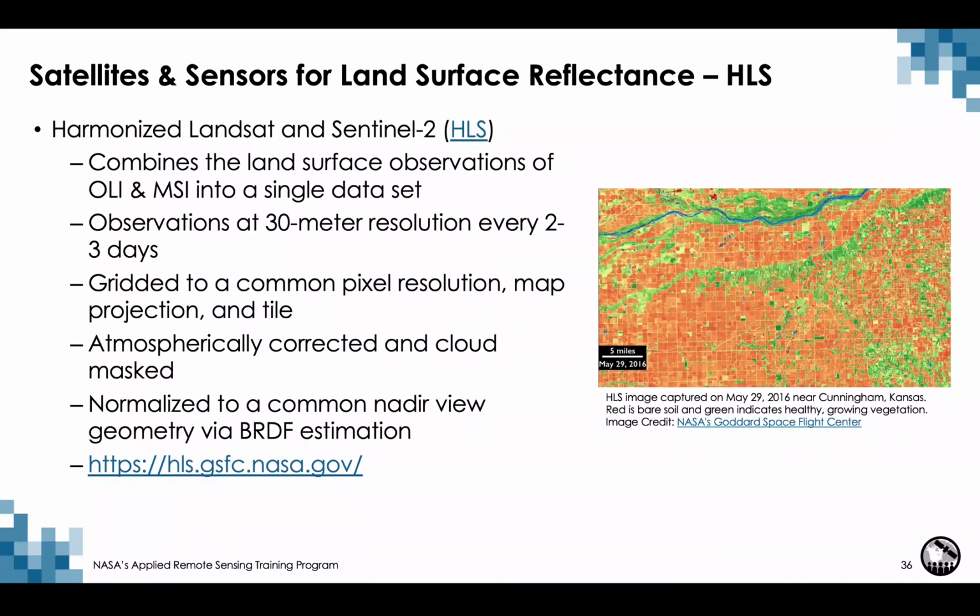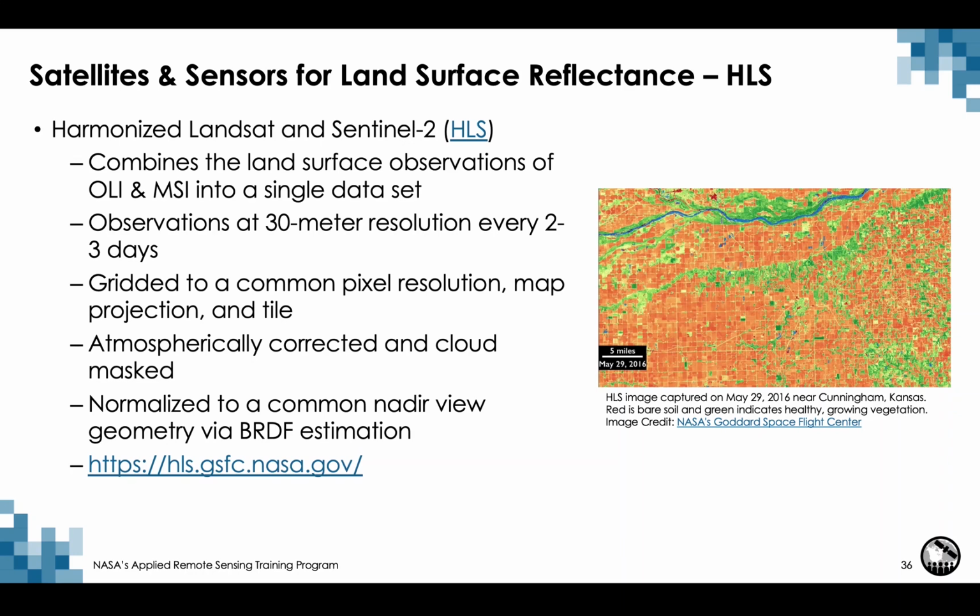One of the biggest innovations in moderate resolution multispectral satellite measurements has been the Harmonized Landsat 8 and Sentinel-2 products, or HLS for short. The HLS project is an effort to harmonize the data of the 2 satellite programs, both Landsat and Sentinel, so they can be more easily used in unison.